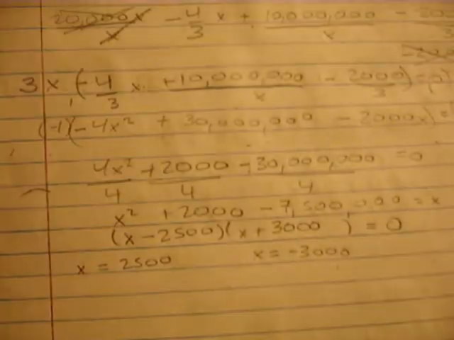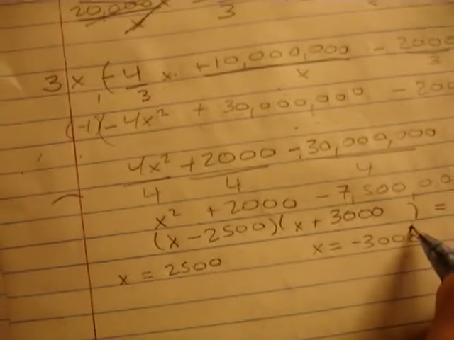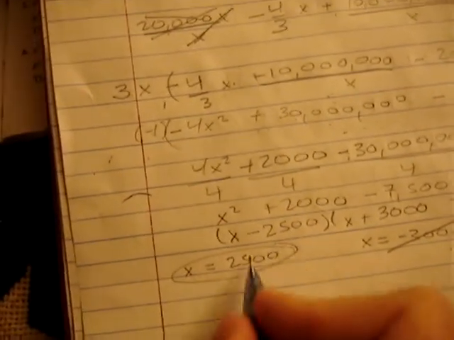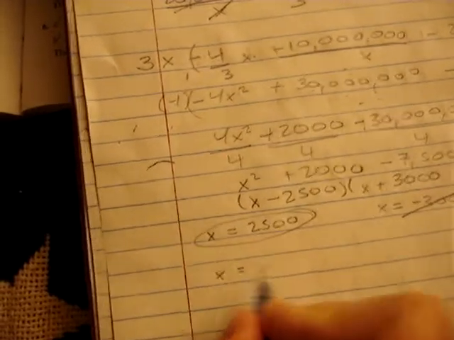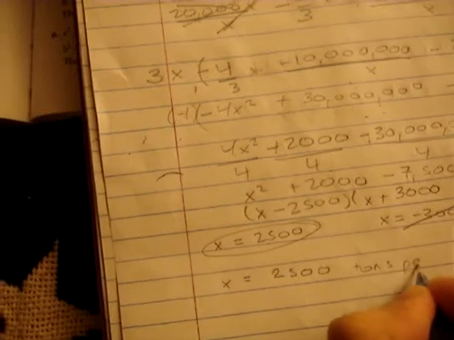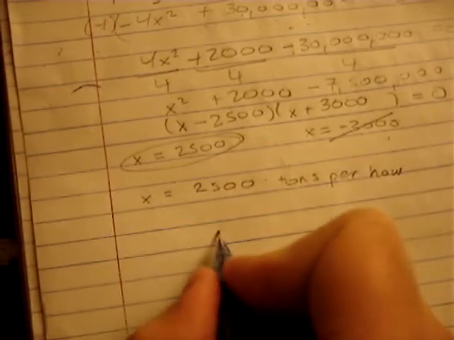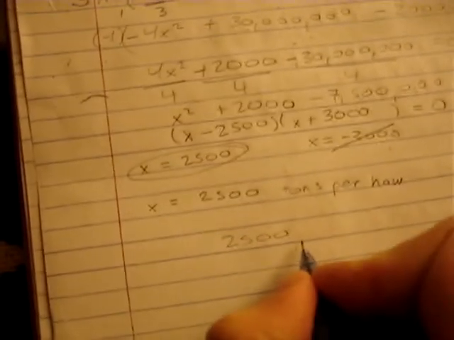Now, which one fits with our word problem? Tons per hour. Well, not a negative number, so we're going to neglect this one and keep this one. So our original speed, x, equals 2,500 tons per hour. And they wondered how long it took to load the coal. So we've got 2,500.